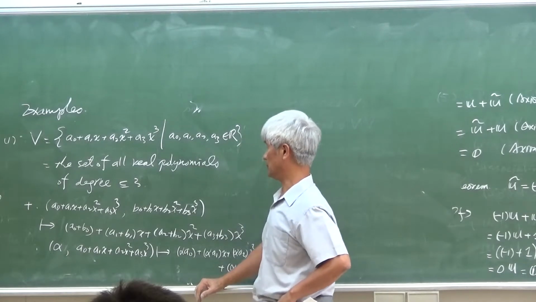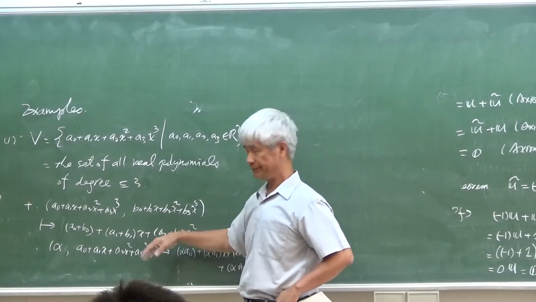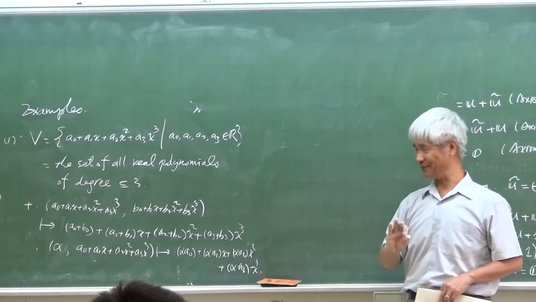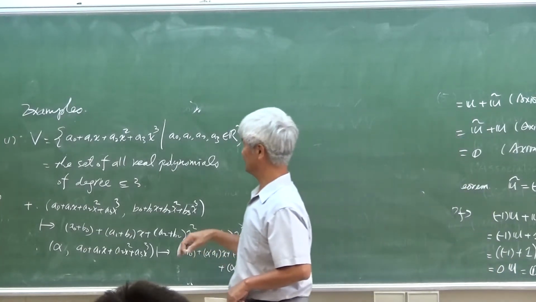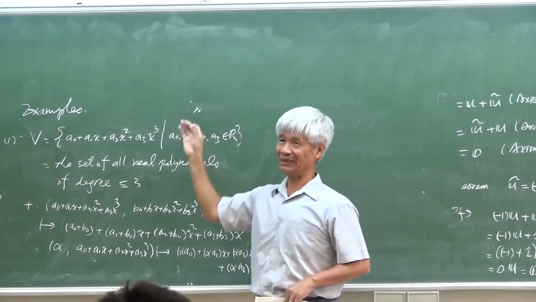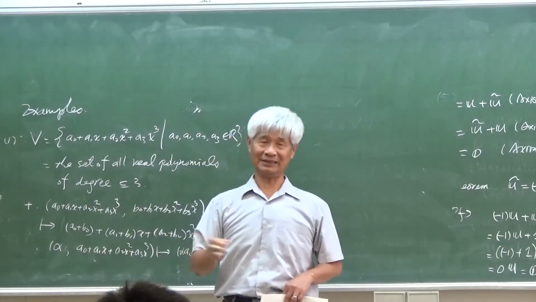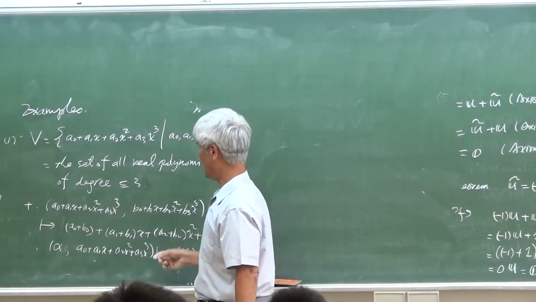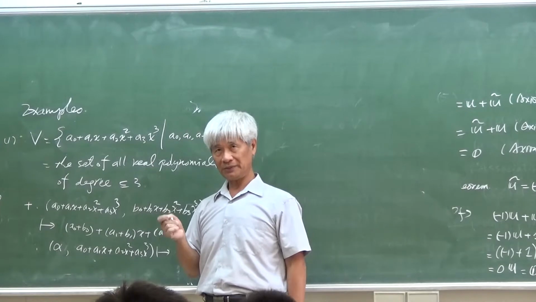How about the distributive law? Well, we can check. Actually, I just checked the 7 axioms verbally. If I wrote everything down, it would take half an hour, so it's long.